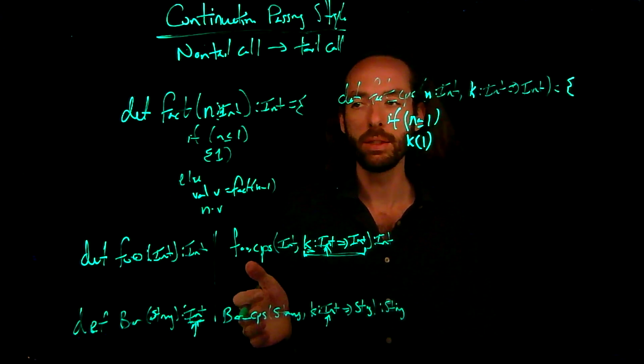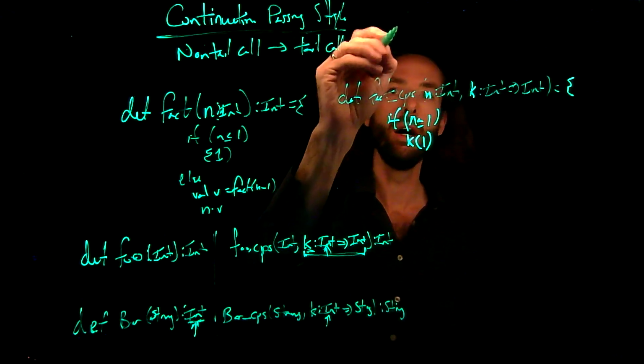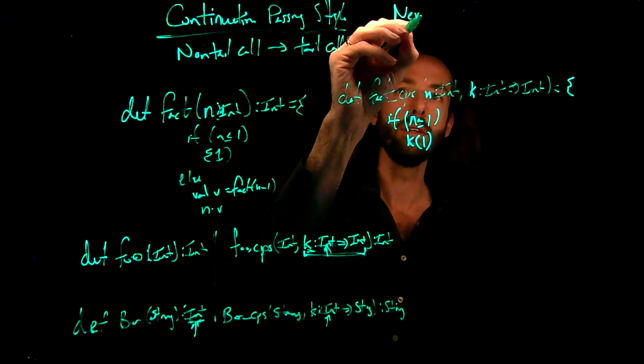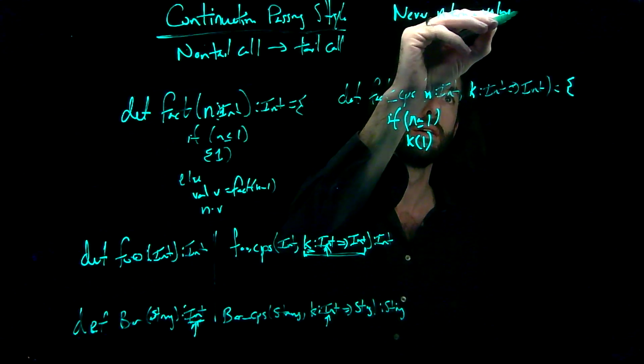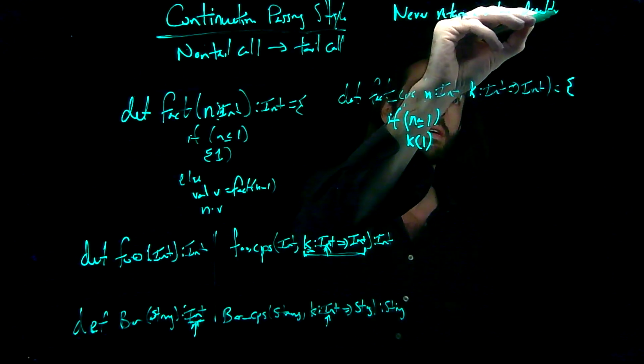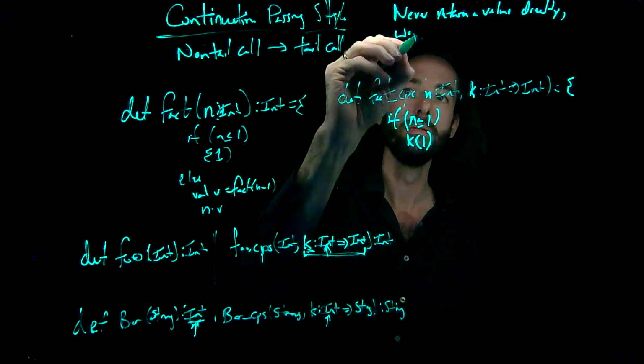This is one of the key points in continuation passing style: we never return a value directly. We always call a continuation on it.